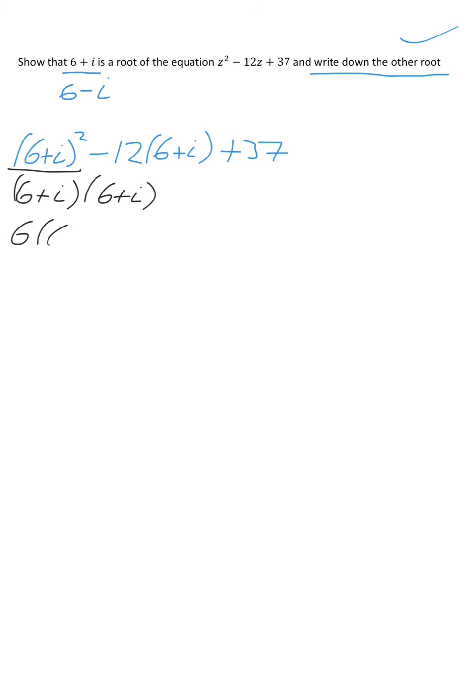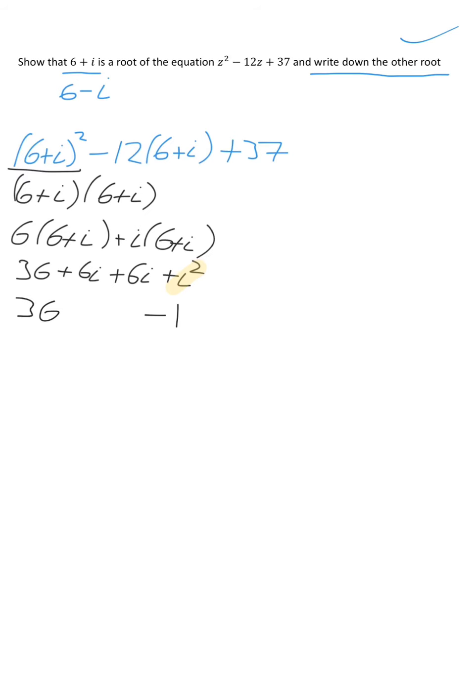So I have 36 plus 6i plus 6i plus i squared. Now remember i squared is equal to minus 1. So now I have 36 plus 12i minus 1, which would be 35 plus 12i.